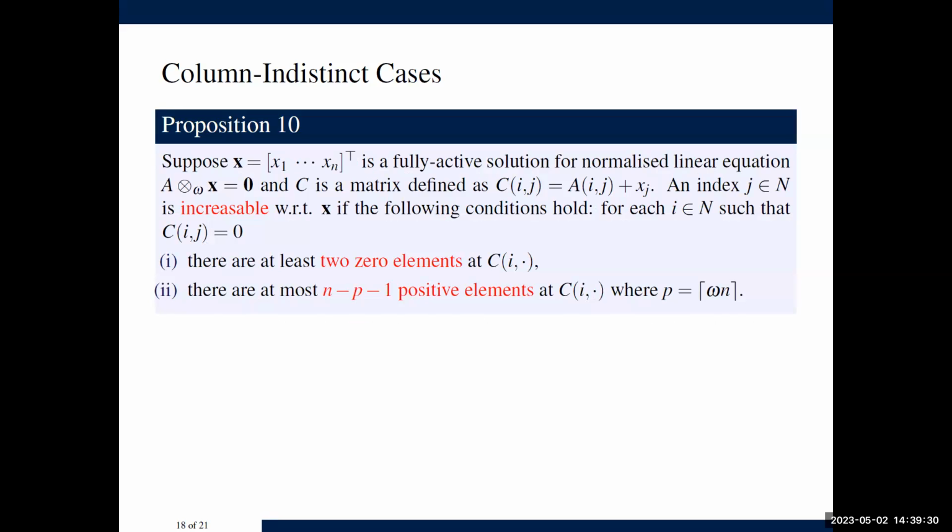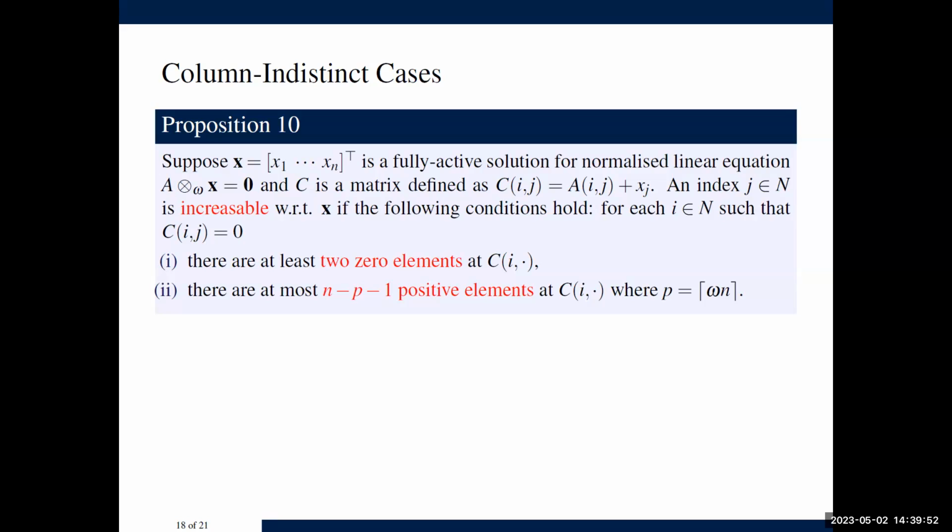So the first one is, remember that when we have these linear equations normalized, where the right hand side vector is zeros, and omega times n, ceiling, equals p, then 0 must be the p-th smallest element.